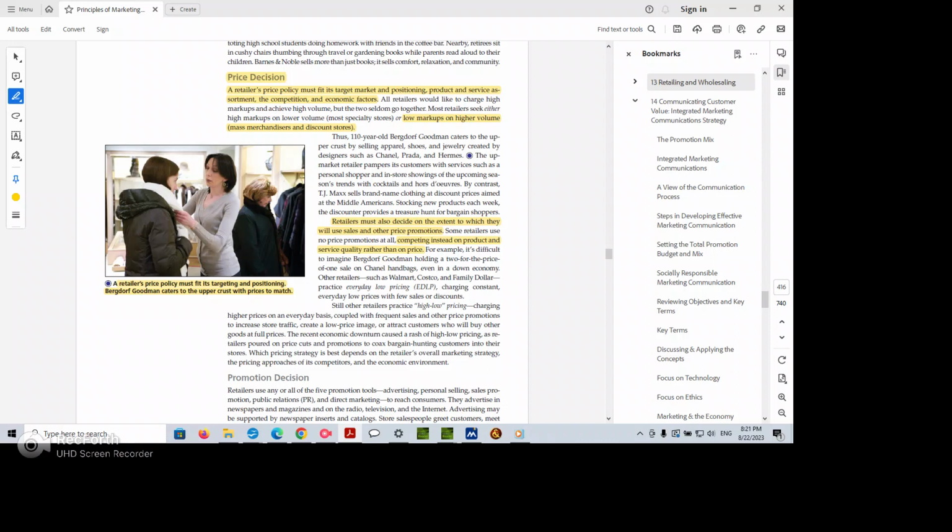So there are other retailer pricing practices that they use. One is called high-low pricing, which is charging higher prices on an everyday basis, coupled with frequent sales and other promotions to increase store traffic, to create a low price image, or to attract customers who will buy other goods at full price.